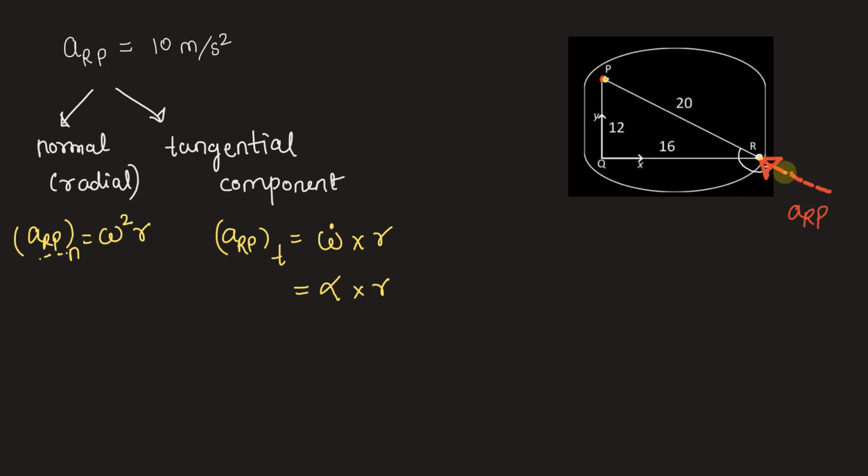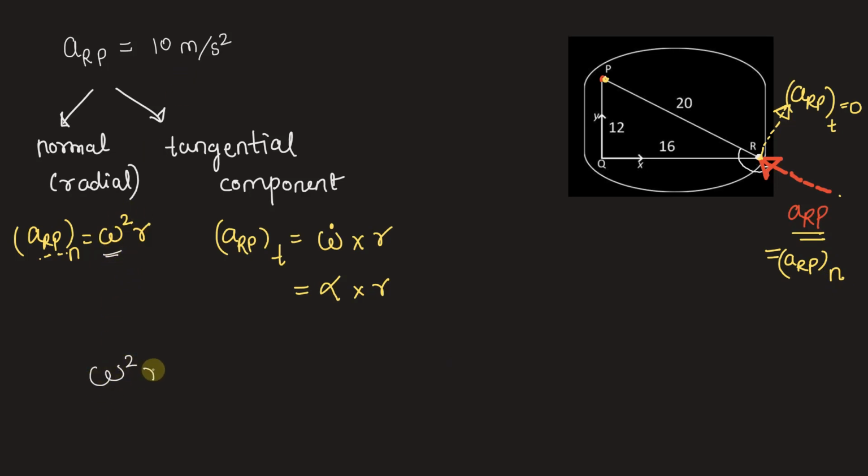Now, as it is given that the complete ARP component is in the radial direction of R and P, the tangential component of acceleration will be 0, ARPT will be 0, because this complete component is ARP radial or normal. Hence, we can find out omega using this equation.